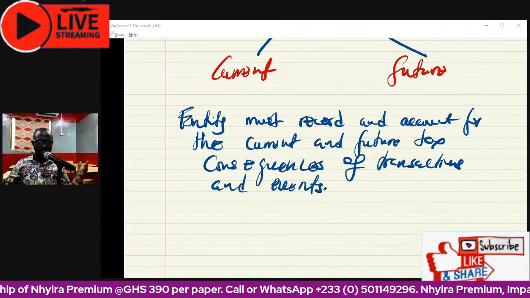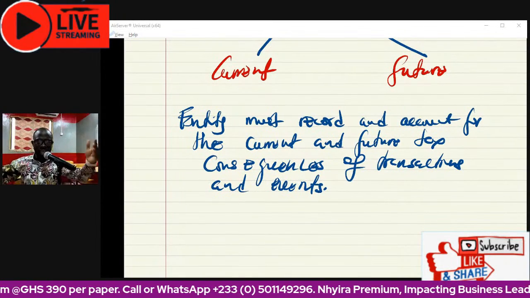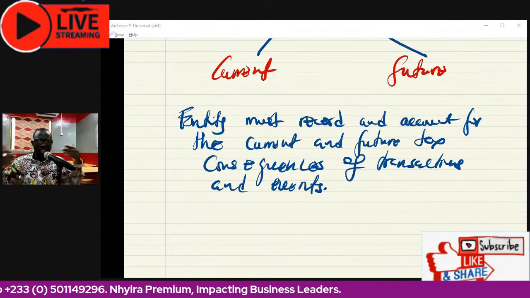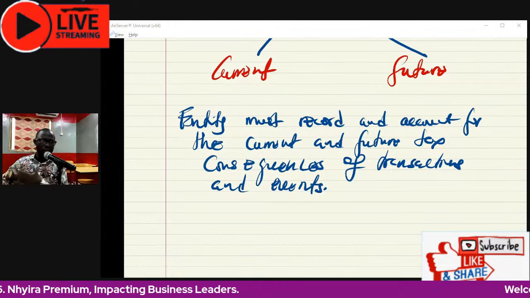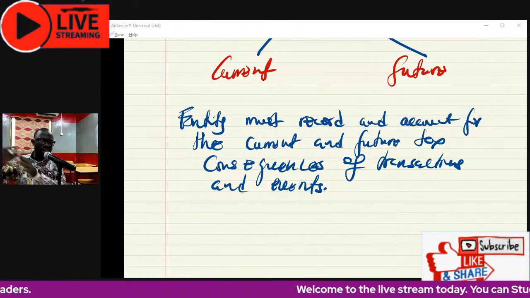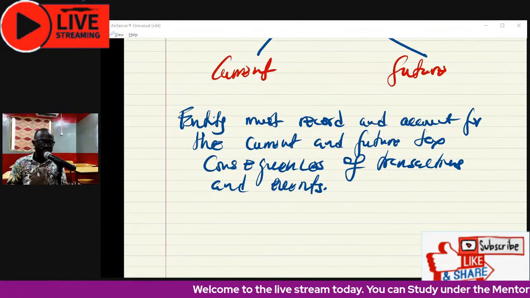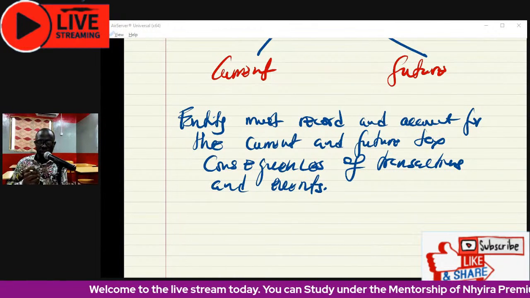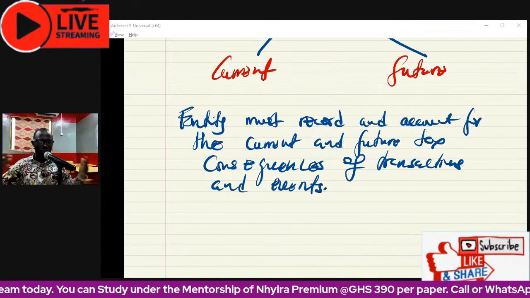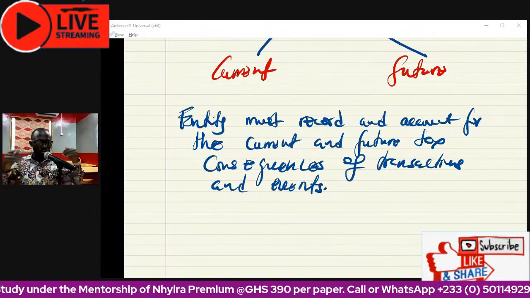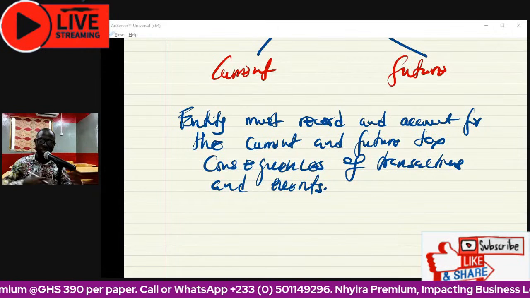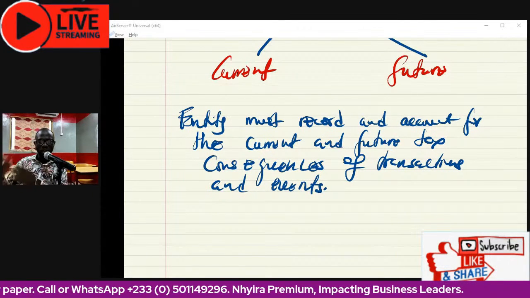The reason is that businesses are there to pay taxes, and businesses will pay tax on various items and issues. For that reason, IAS 12 requires that for whatever transaction or event an entity undertakes or comes into contact with, that it is going to incorporate in its financial statements, the entity must account for both the current tax effect of those transactions and then the future effects of the transactions.